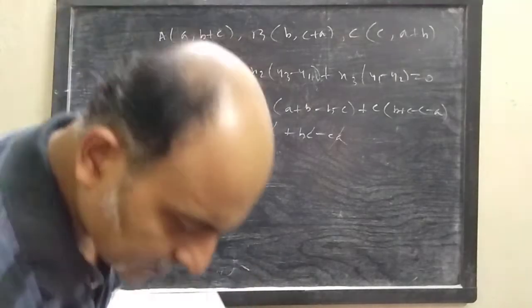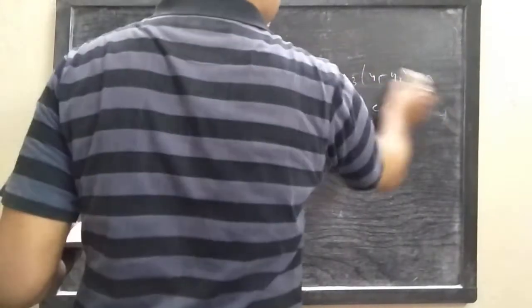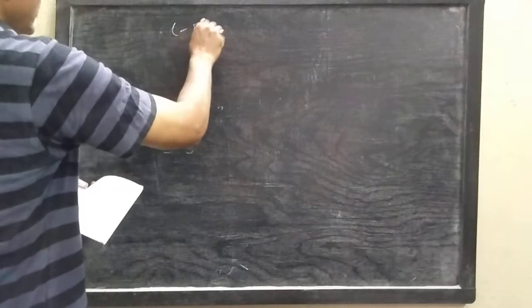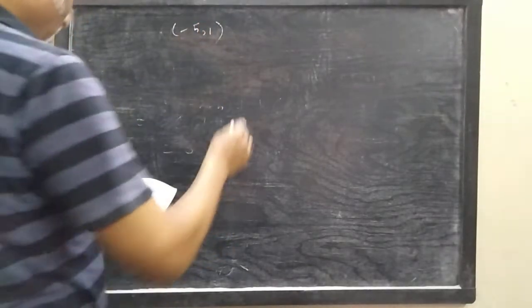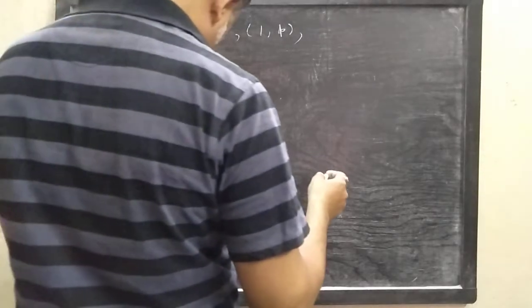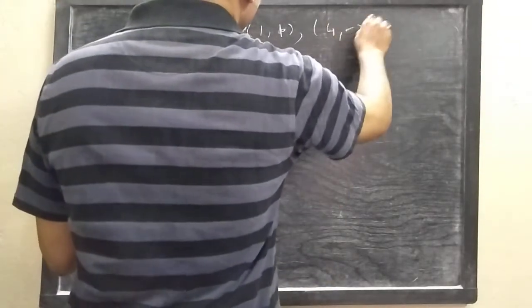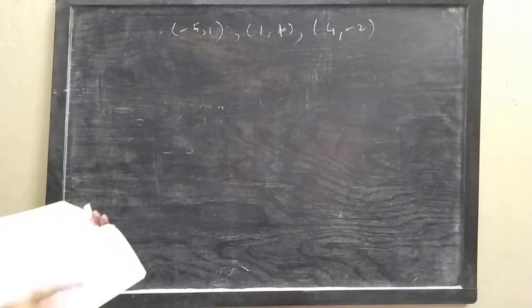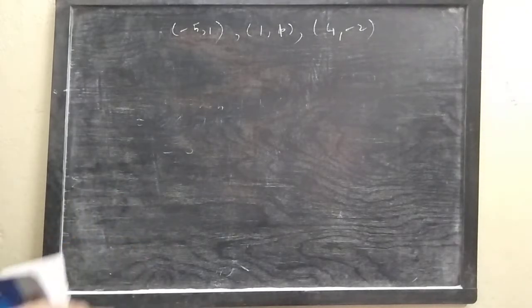Next question. Find p so that the given 3 points are collinear: -5 comma 1, 1 comma p, 4 comma -2. You are asked to find p so that these 3 points are collinear. Write down the condition.